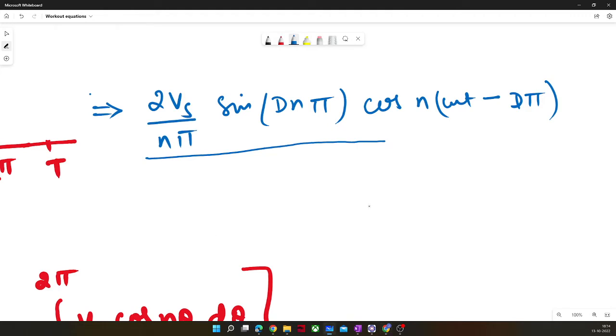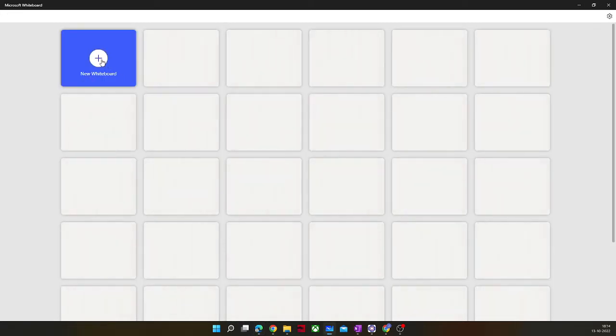So moving ahead. So this was the waveform and Fourier series. And let me discuss a bit about the buck converter as well, because this waveform is matching with the buck converter. Okay, so let's say first let me make a new whiteboard.